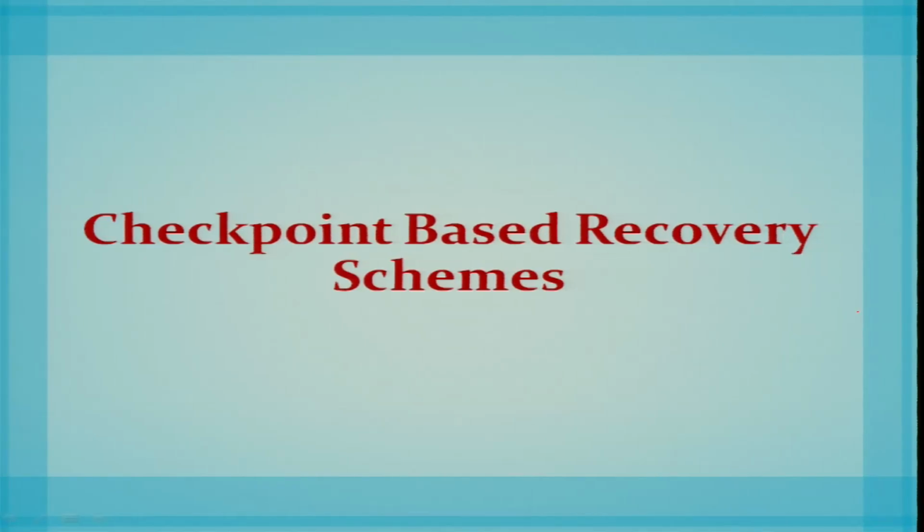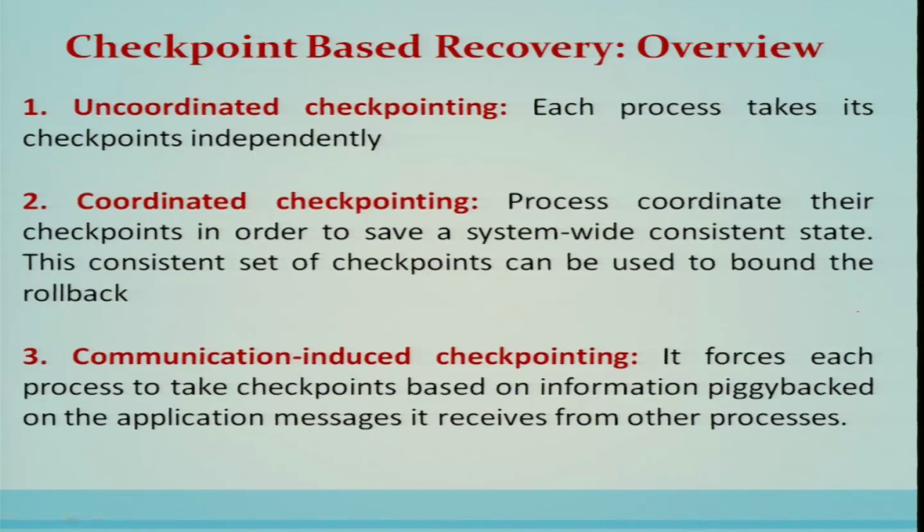Checkpointing based recovery schemes: overview. Checkpointing based recovery schemes are of different types, as we have seen in the previous slides. Now we are going to touch upon each of them. The first one is called uncoordinated checkpointing. Here each process takes its checkpoints independently. Second, coordinated checkpointing.